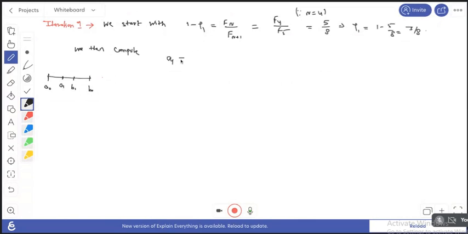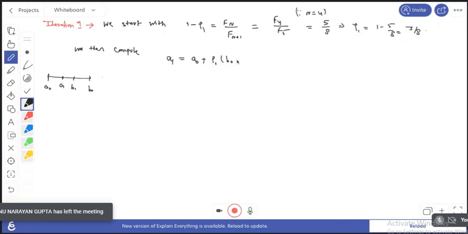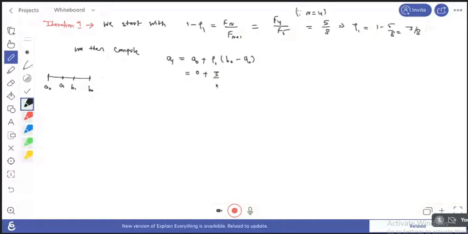You know the formula in the golden section search method: A1 is A0 plus rho 1 times the length of your interval. The initial point is 0, rho 1 is 3 by 8, and here 2 minus 0, so this value is 3 by 4.